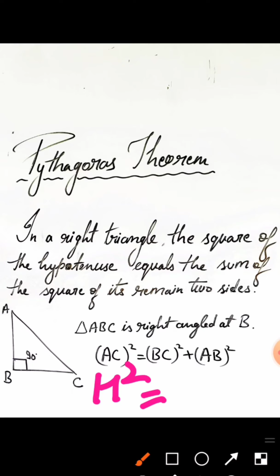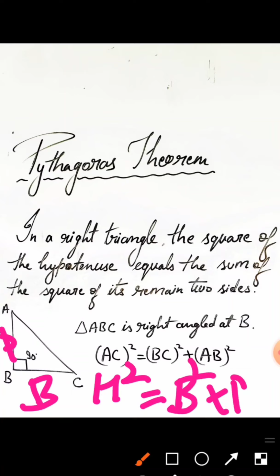So which are the remaining two sides other than the hypotenuse? Base and perpendicular. So the sum of squares of these two means base square plus perpendicular square. So Pythagoras theorem says that the hypotenuse square is equal to the base square plus perpendicular square, and this is only for right triangles.